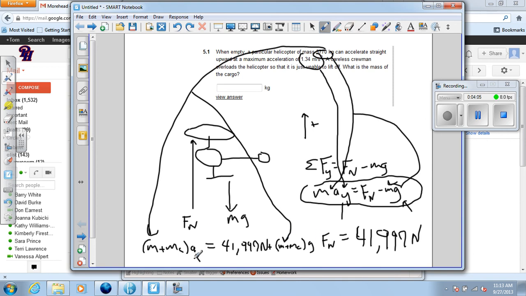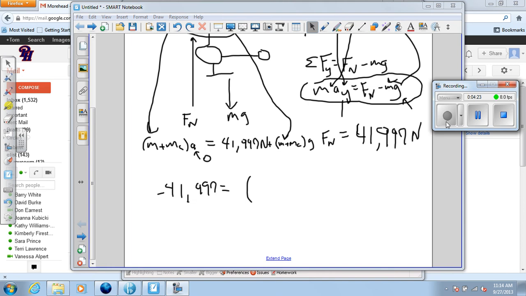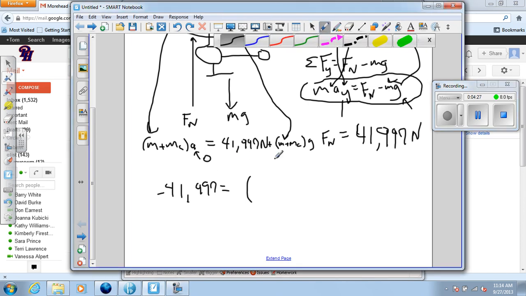Now the acceleration, if it is just to lift off the ground, is 0, right? Just if it's hovering. Before there was a net acceleration up. Now with this cargo that's overloaded, there's no acceleration. So everything equates out. And so what's going to happen is this upward thrust, this normal force on the propeller, is going to end up equaling the new weight. So this minus 41,997, that should have been a minus sign here. We need to change that.